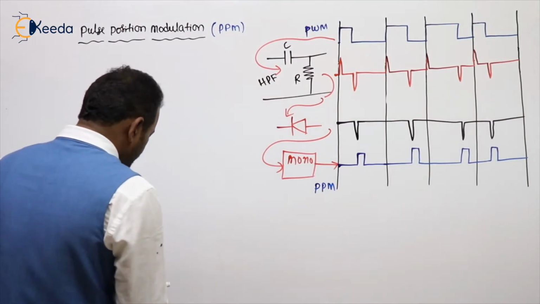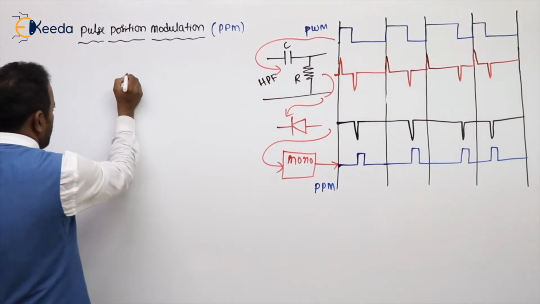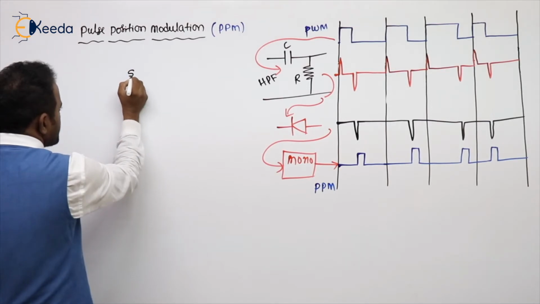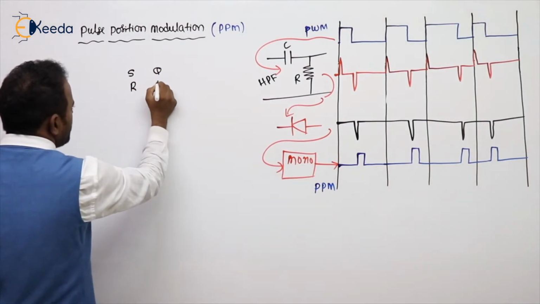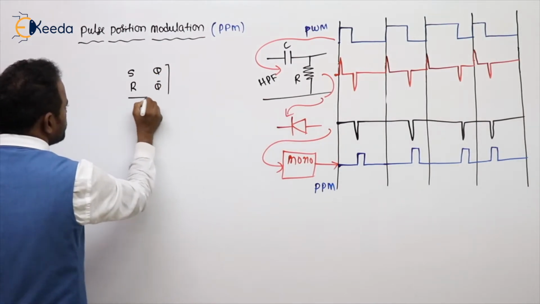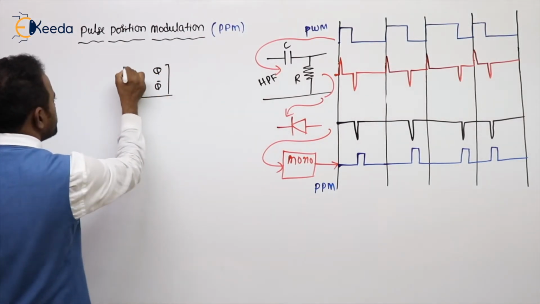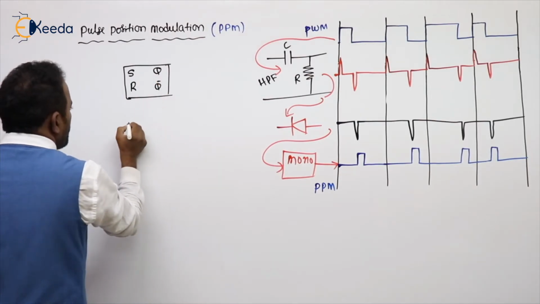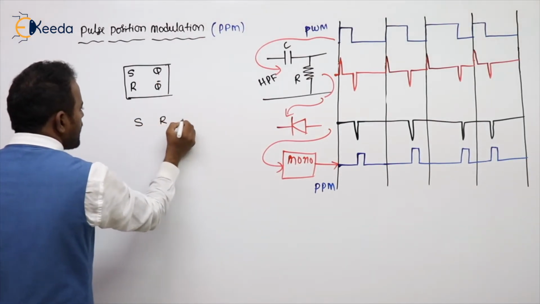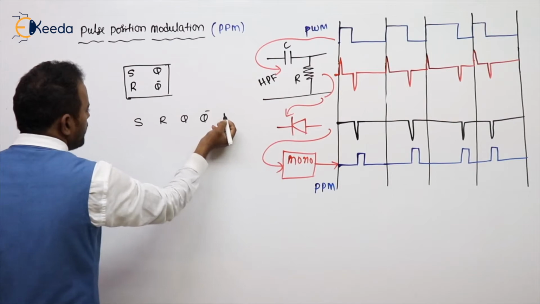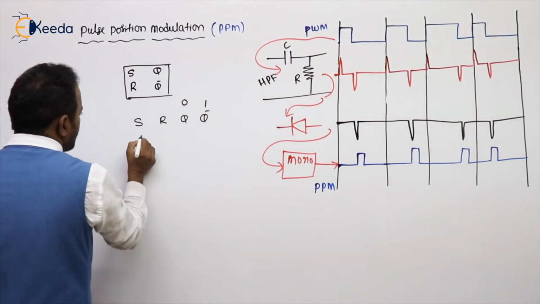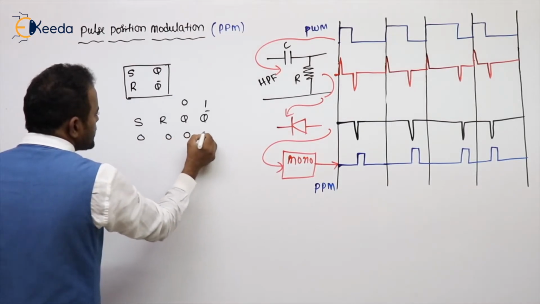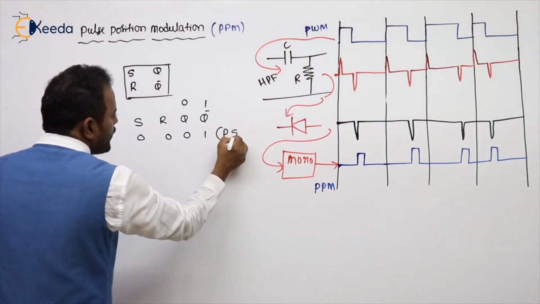So this is given to the SR flip-flop. If you see the SR or RS flip-flop, there are S, R, Q, and here will be Q bar. What is this truth table? S, R, Q, Q bar. For example, previously Q is 0 and Q bar is 1. If both are 0, it stays in the same or previous state.